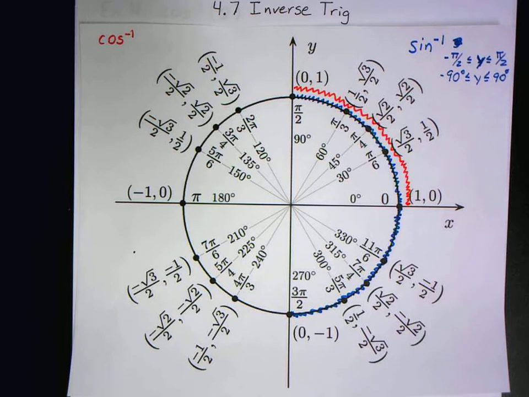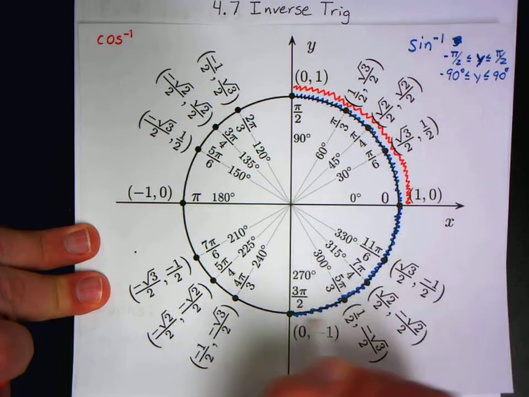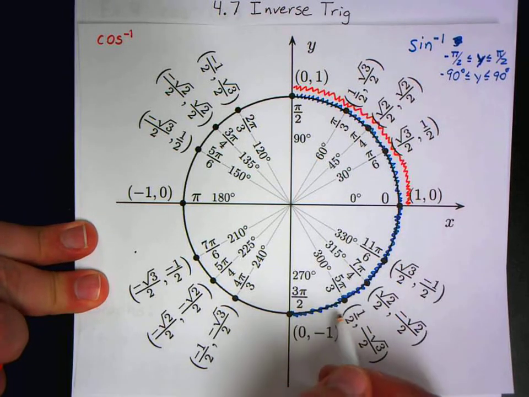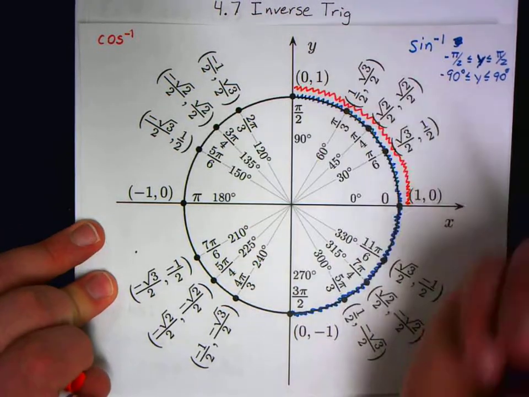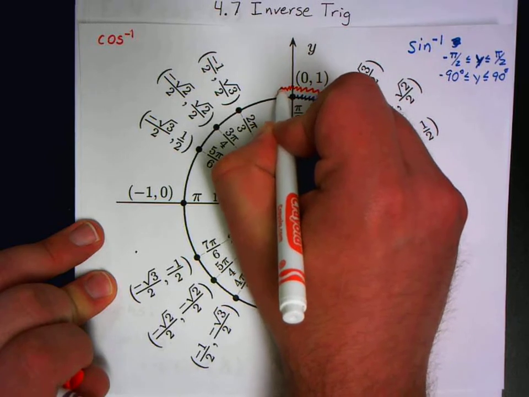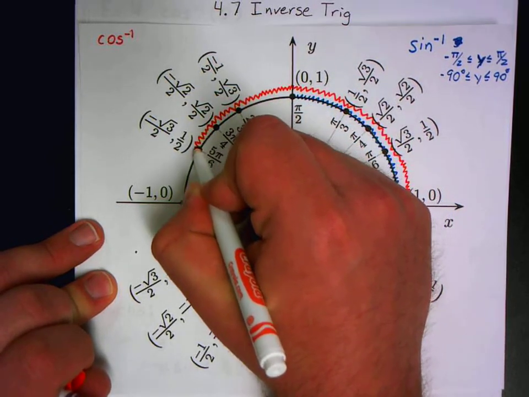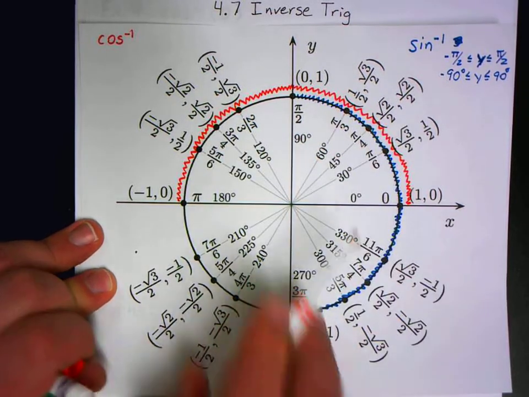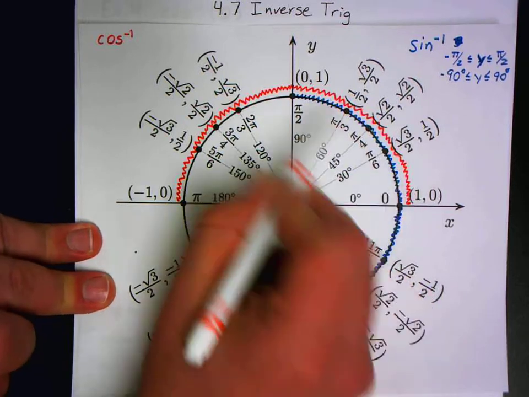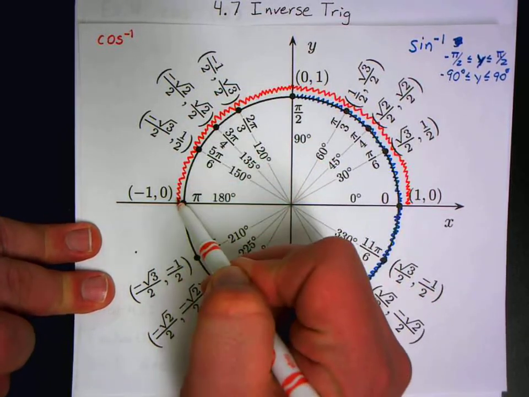Unfortunately, that doesn't work, because if I go back down here, for the x values, these all repeat. Because x is still positive over here. So for cosine, to get my negative values, I come over here. So for cosine, for the x values, this gives me all the values between 0 and 1, and 0 and negative 1.